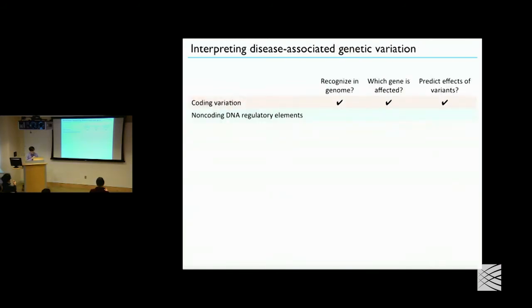So where are we in that process? This is coming from the perspective of human genetics: we have thousands of loci, each of which contains several variants, any one of which could be causal in terms of influencing disease risk, and we need to understand essentially what each one of those variants does.